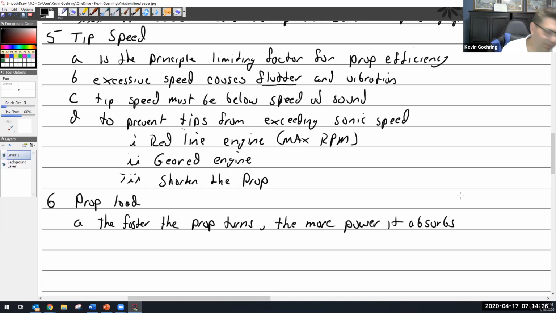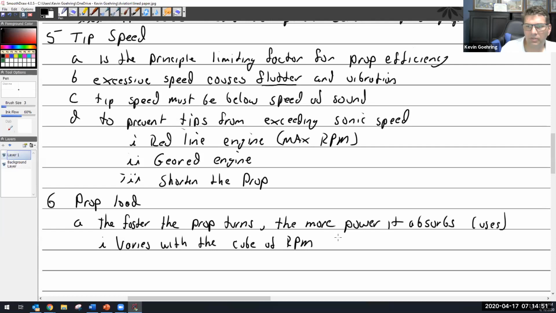And of course the prop absorbs, or I could use the word uses. I always like stuff like this, I don't know why. It varies with the cube of RPM.